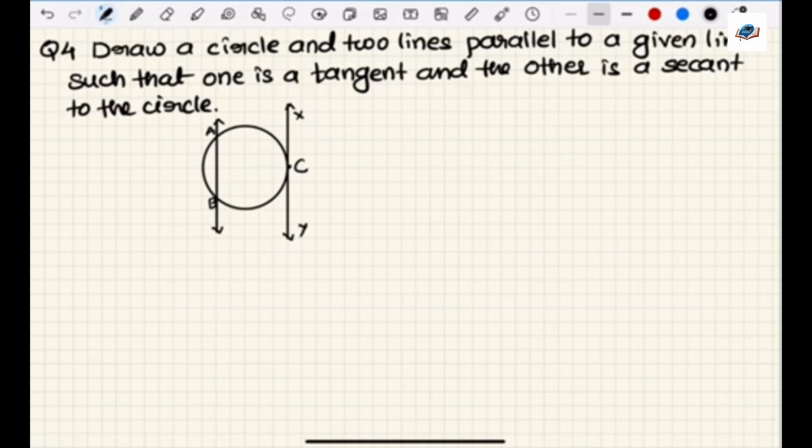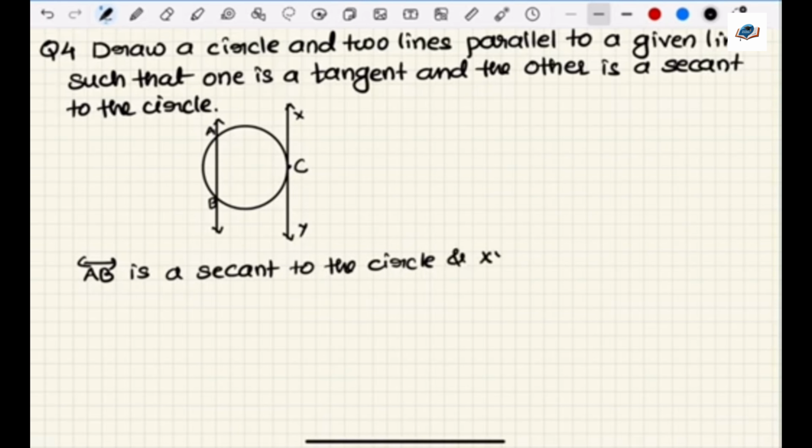So I can say AB line is a secant to the circle and XY line will be a tangent to the circle.